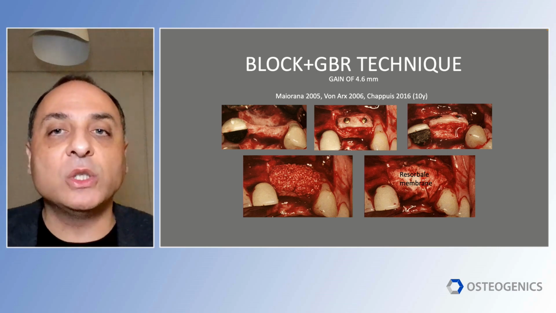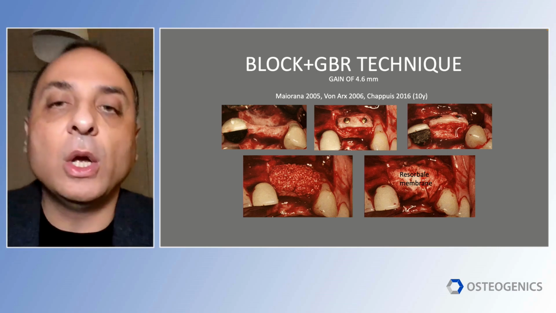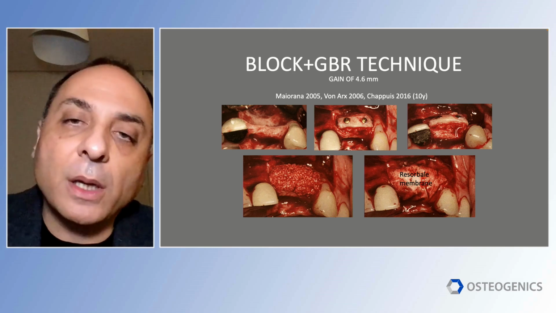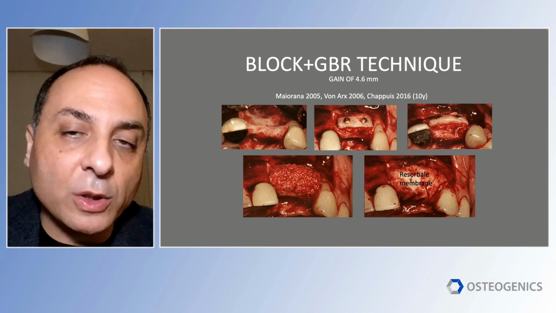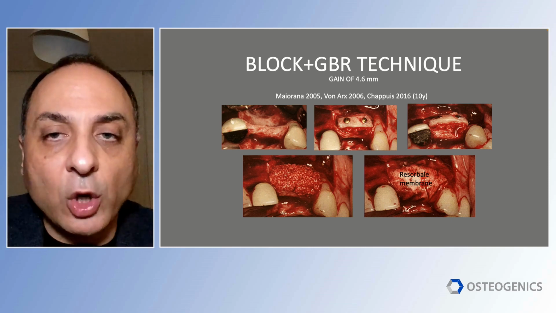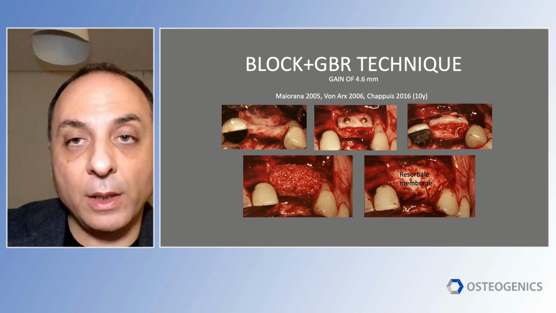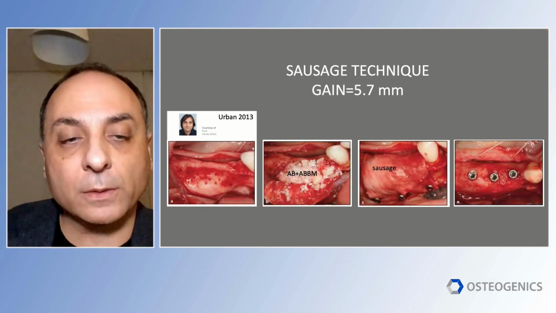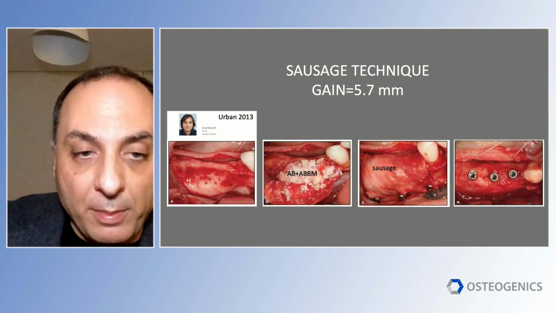So this was the dominant school, I would say, if you want to use collagen membrane and biomaterials predictably, so GBR, for ridge augmentation. We're not talking about small dehiscence type defects here, but ridge augmentation. So this is a major landmark in this field. And this was true until this publication.